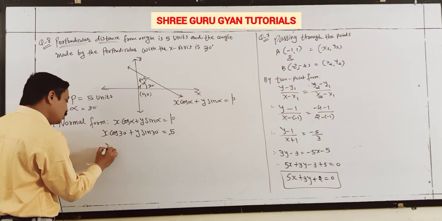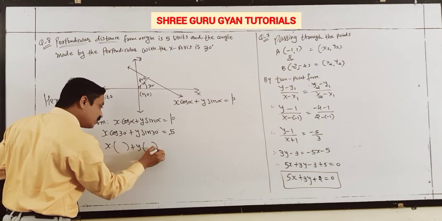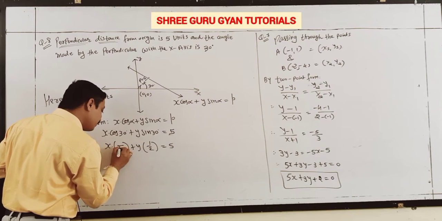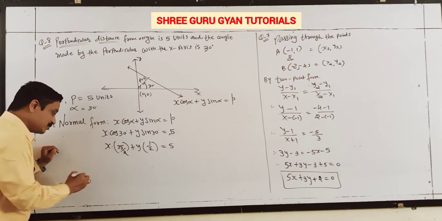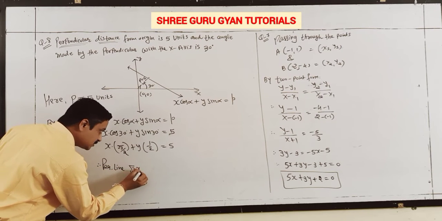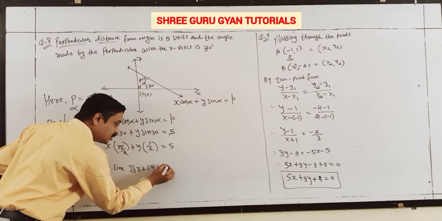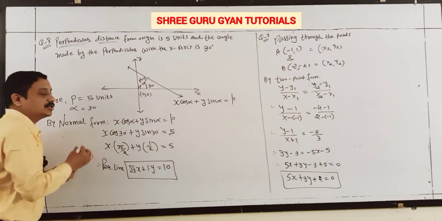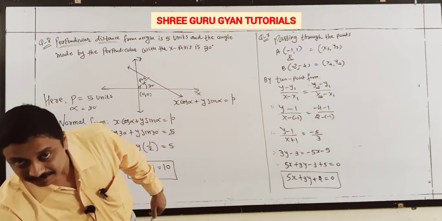Now for 30 degrees, you know sin 30 is half and cos 30 is root 3 by 2. So the required line is root 3 x plus 1 y is equal to 10. That's your numerical, students, easily and happily done.